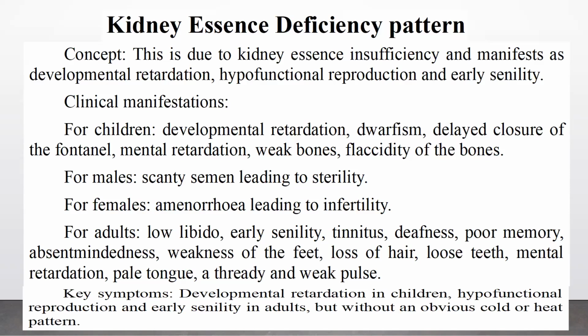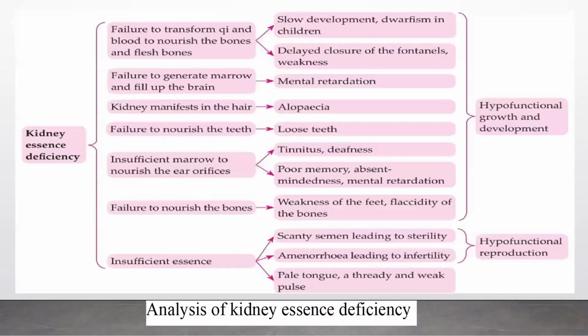These symptoms, developmental retardation in children, hypofunctional reproduction, and early senility in adults, are present but without an obvious cold or heat pattern. For the analysis of kidney essence deficiency, failure to transform qi and blood to nourish the bones and flesh, there is slow development, dwarfism in children, delayed closure of the fontanelles, and weakness.